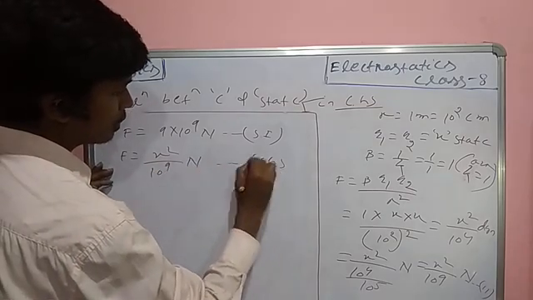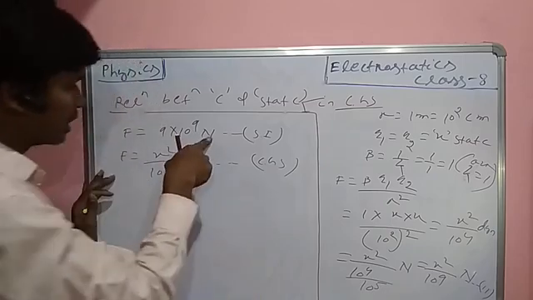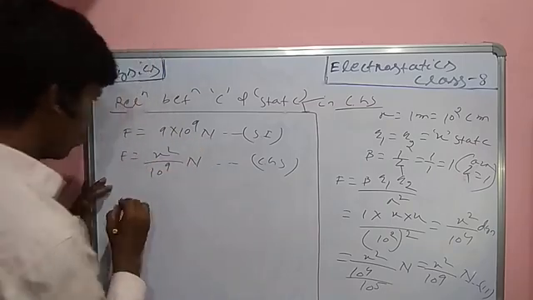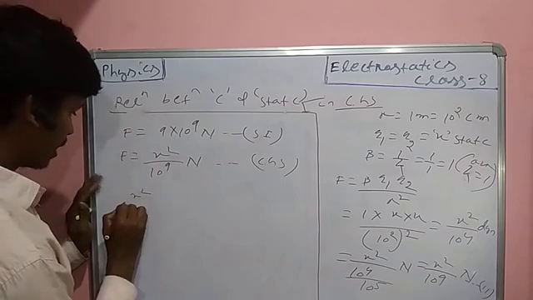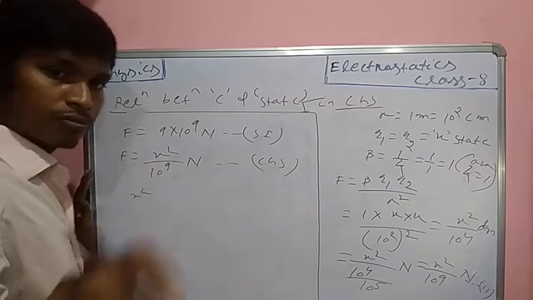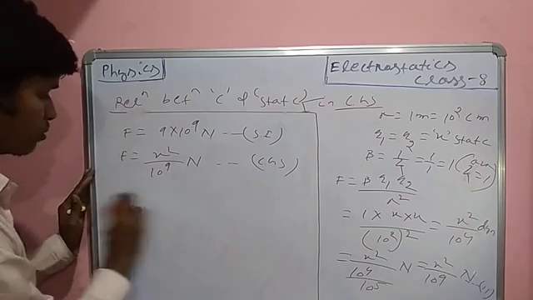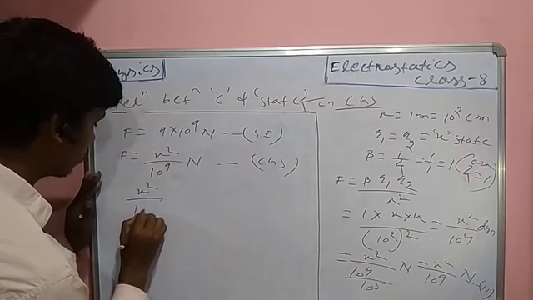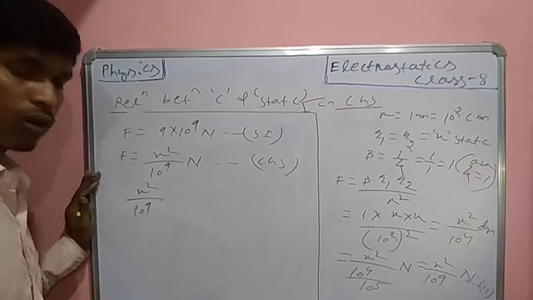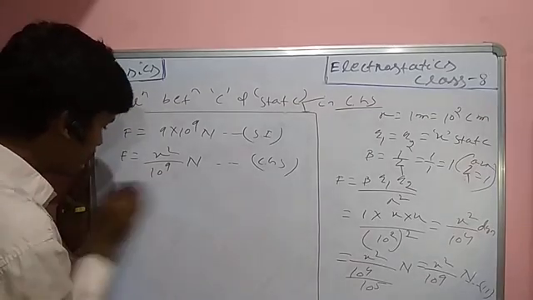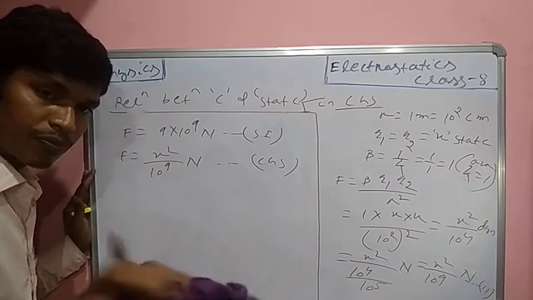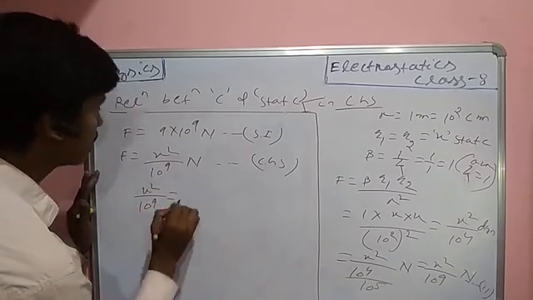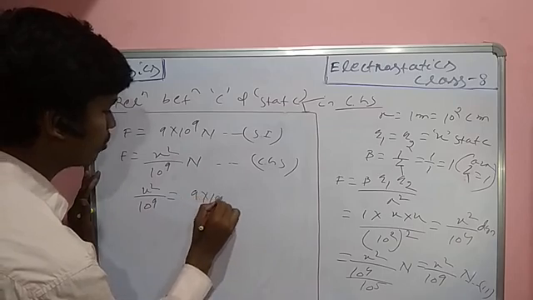Compare the two: X square by 10 to the power 9 is equal to 9 into 10 to the power 9.